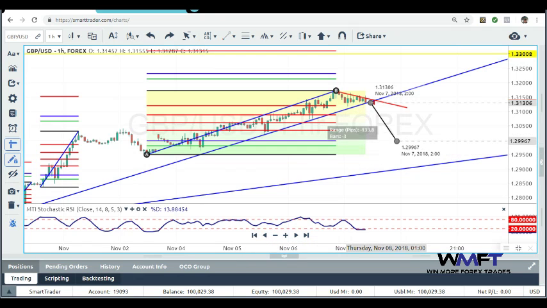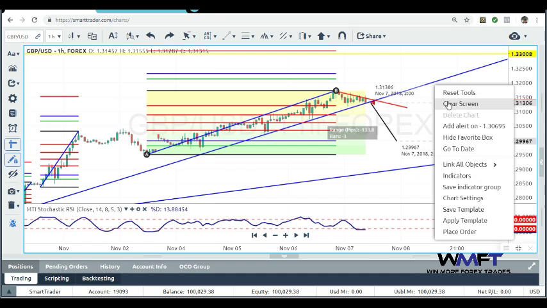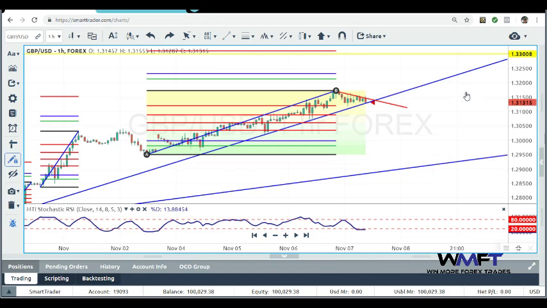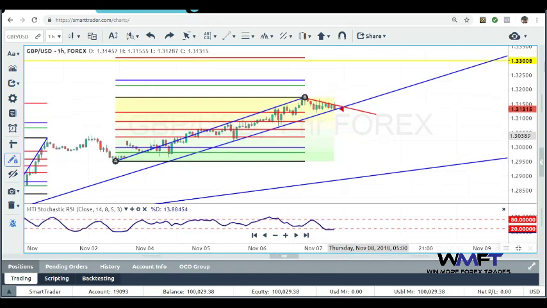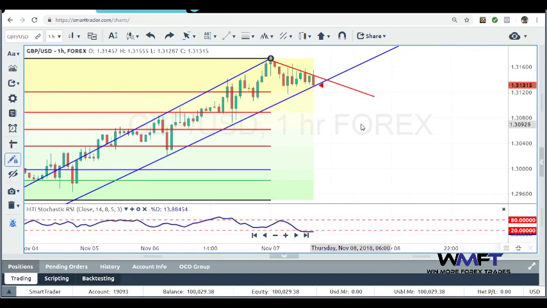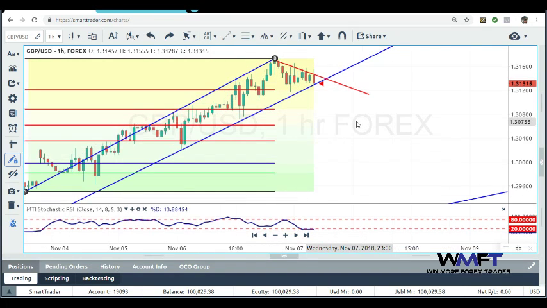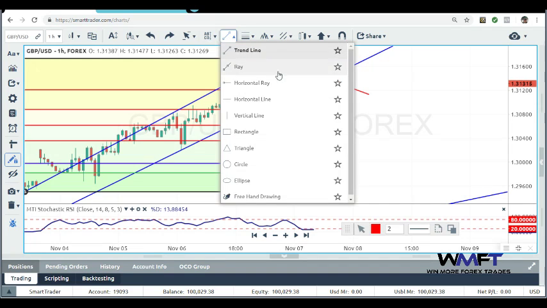But if that is too much risk, you can put your stops 10 pips below the lowest point of where the market breaks bullish of this down counter trend line.